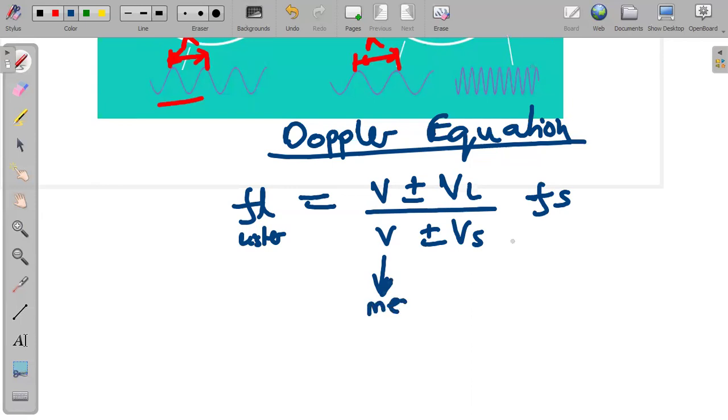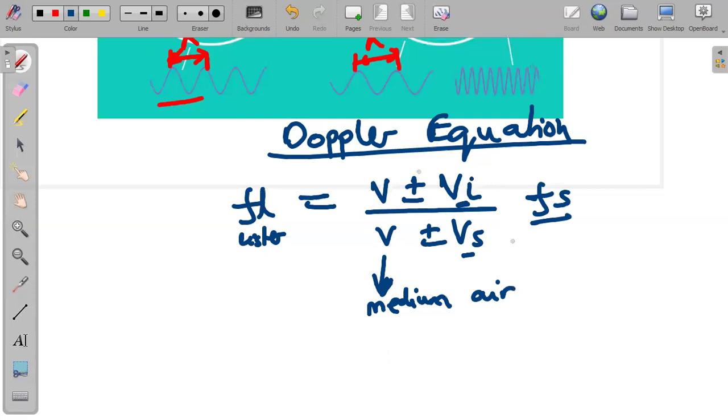Oftentimes we use the medium of air. VL marks the velocity of the listener, and Vs marks the velocity of the source, and Fs is the frequency of the source.